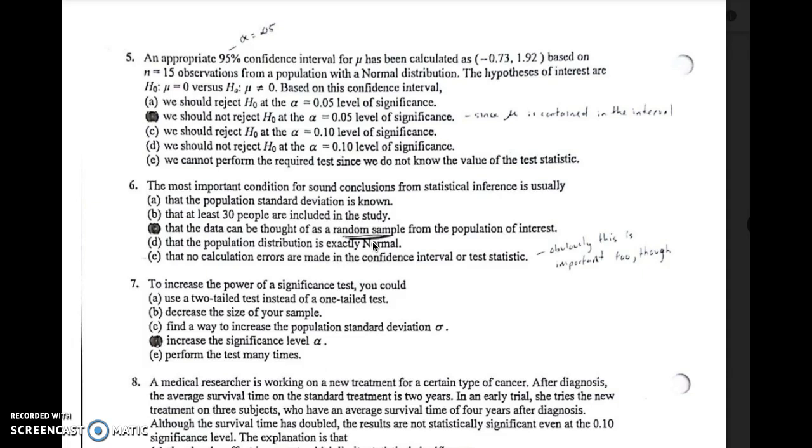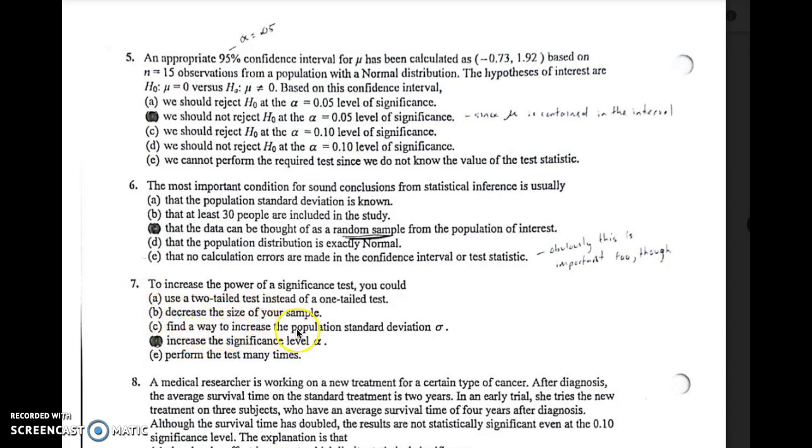For question 7, it deals with increasing power on a significance test. The answer is D. You can increase the significance level alpha. The other answers wouldn't work for a variety of reasons. Generally, you want to increase your sample size.